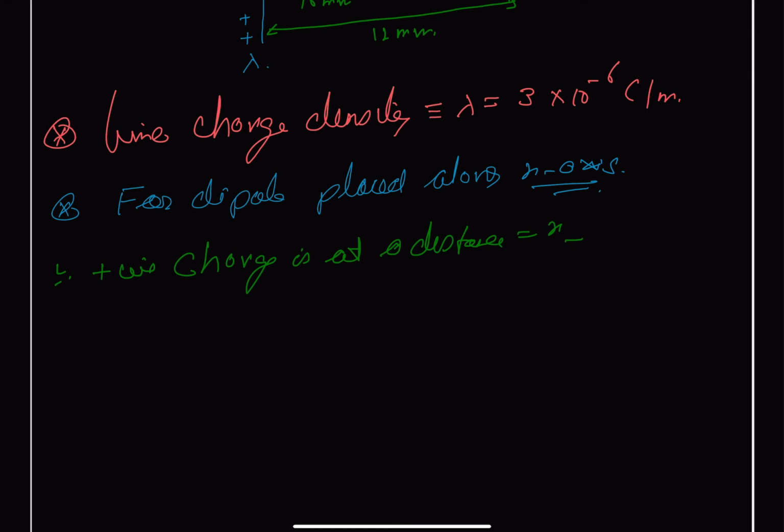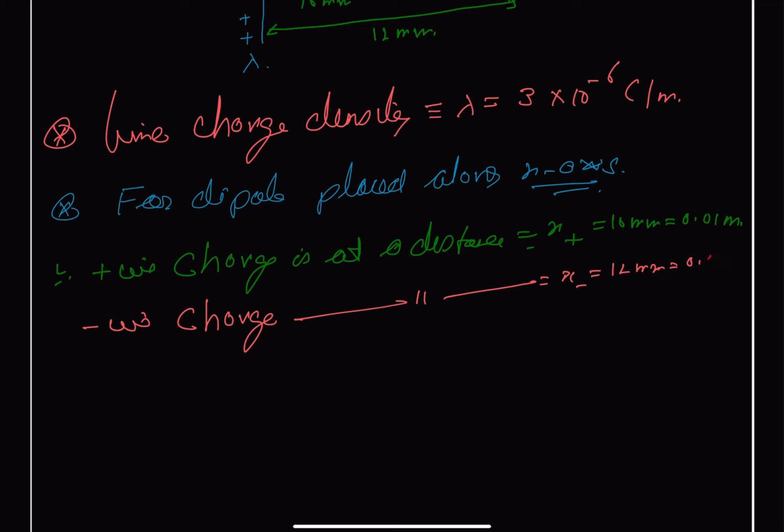This is at 10 millimeter, which will be 0.01 meters. Similarly, the negative charge is at a distance, let us call this x negative, which is given as 12 millimeter, which will be equal to 0.012 meters. And the net force on the dipole is given to us as 4 Newton.